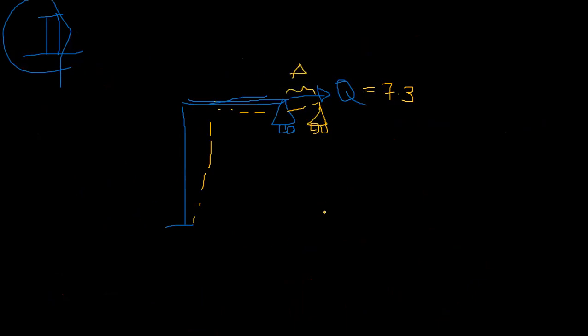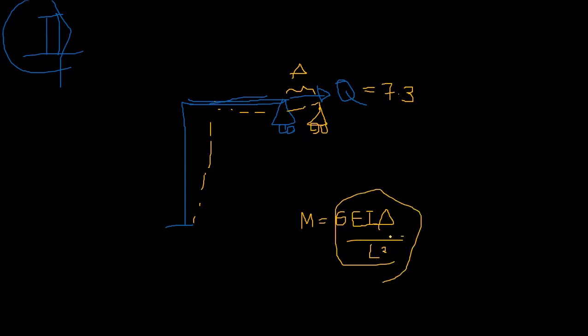Usually the fixed end moments are governed by this equation: fixed end moment is 6EI delta over L squared. The problem is we don't know the value of delta.